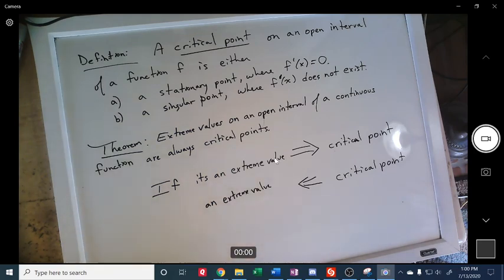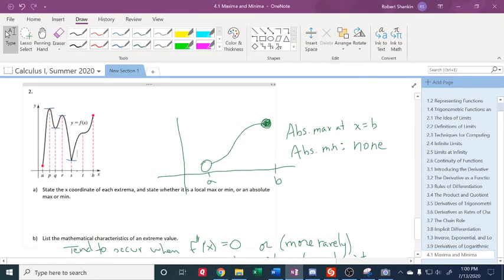But there's an error in that thinking. And the error shows up if you look at this portion of the graph, right here, and let me go to green. The tangent line is horizontal right here.